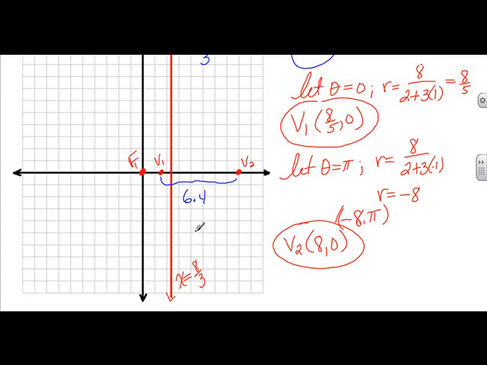So the center point is 24/5, 0. So 1, 2, 3, 4.8 would be about right there. There's our center. Okie dokie.